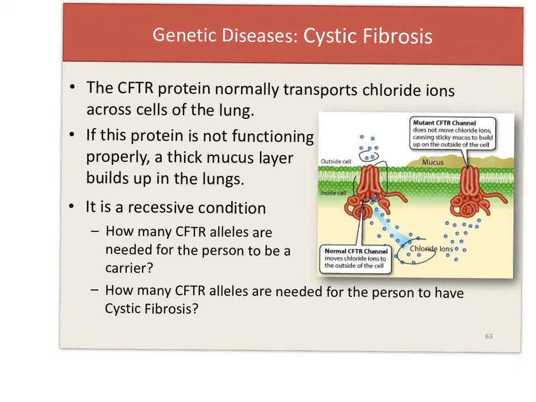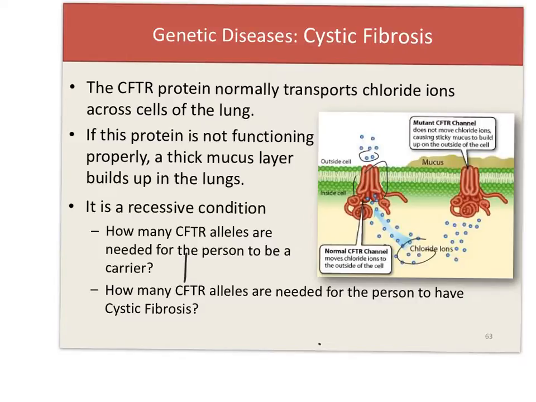So, how many CFTR alleles are needed for the person to be a carrier? 1 or 2? 1. Okay. In terms of having cystic fibrosis, how many alleles do they need?